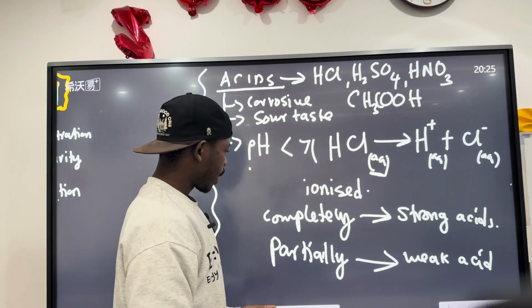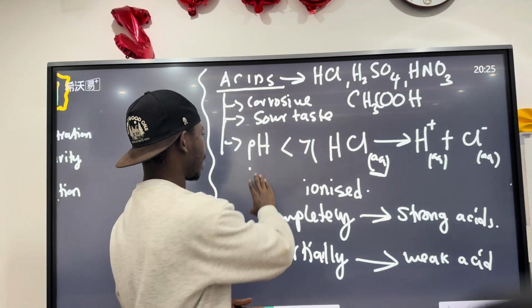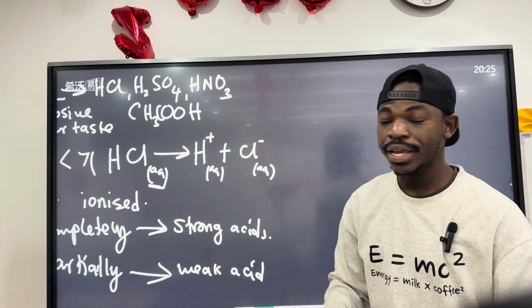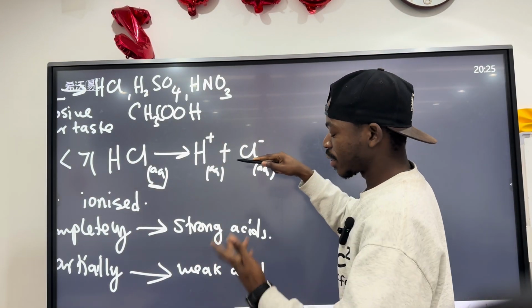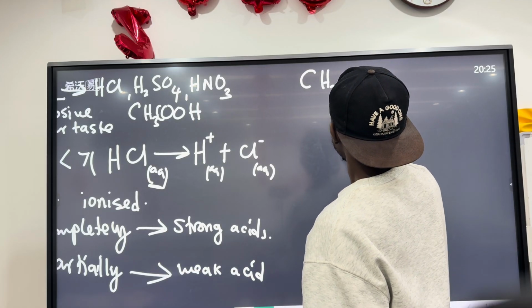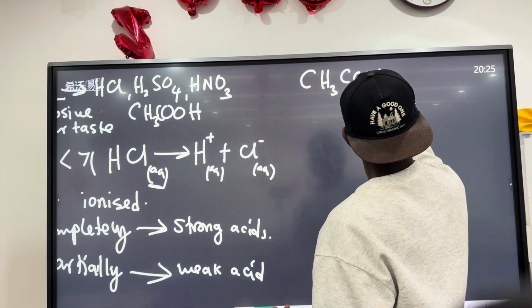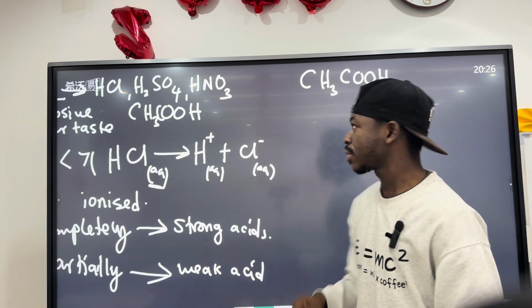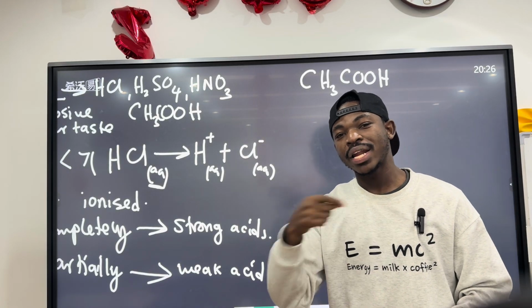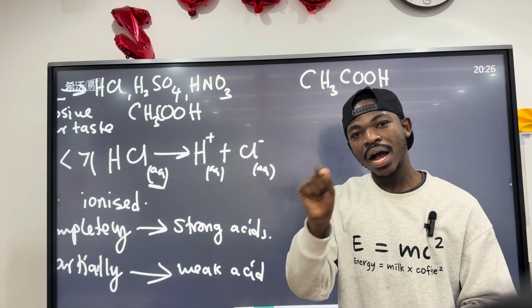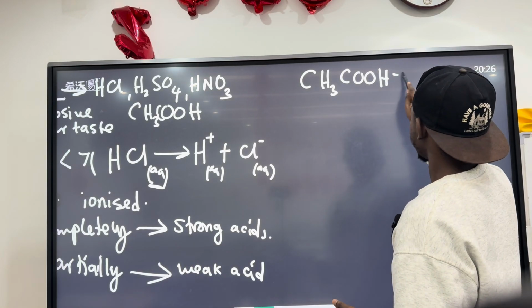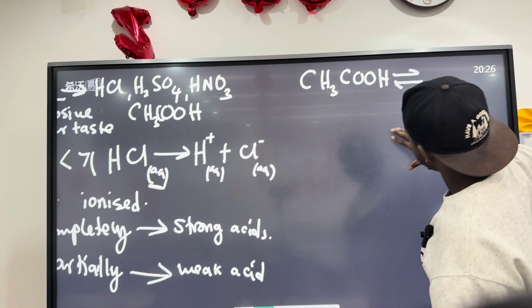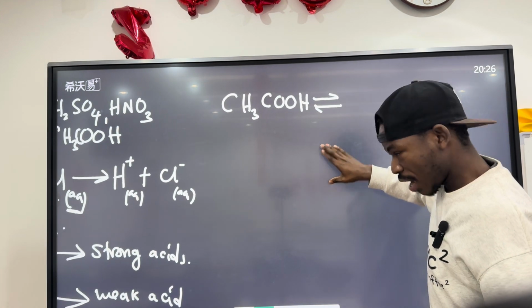Now, what do we mean when we say an acid has partially ionized? Let's understand it. For example, let me get ethanoic acid. This ethanoic acid will partially ionize, and to show a partial ionization, we use double half arrows.